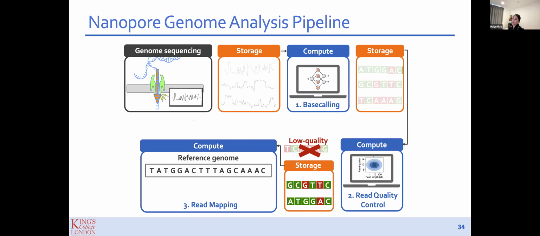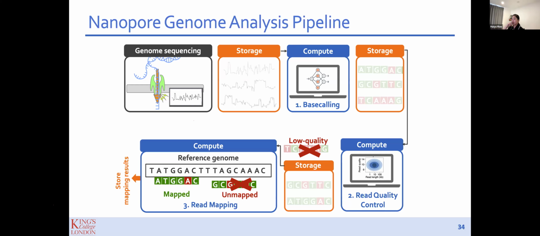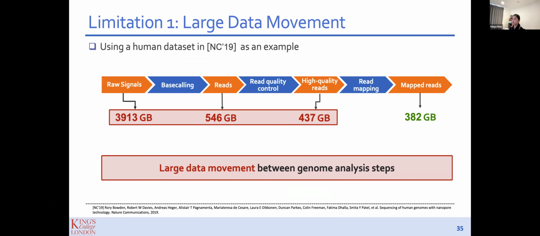Then we continue with read mapping, where I map these reads to the reference genome, discard those unmapped reads, and store the mapped reads together with the mapping information. This is a quite common nanopore genome analysis pipeline.